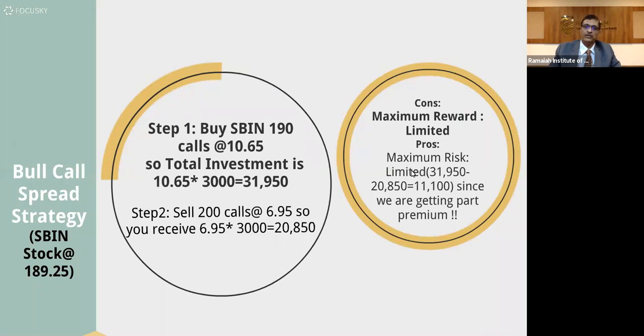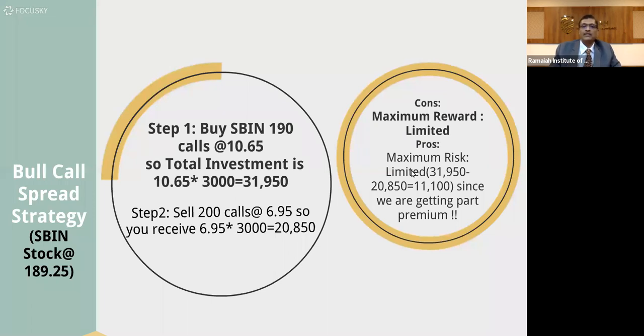and step two is sell 200 strike calls at 6.95. But what happens when I sell the call? When I sell the call, I receive money, I receive the price. Now, all these prices I've taken on the Friday's closing price, and so these are realistic figures.